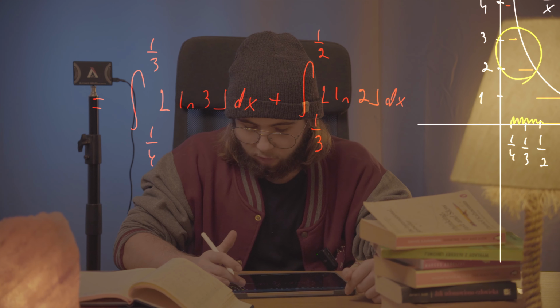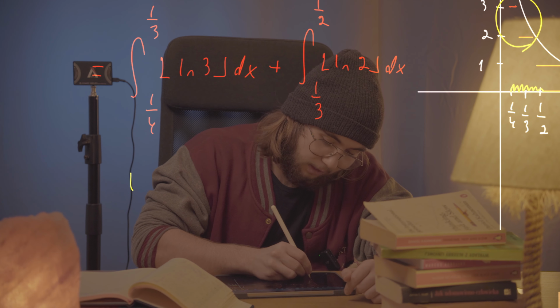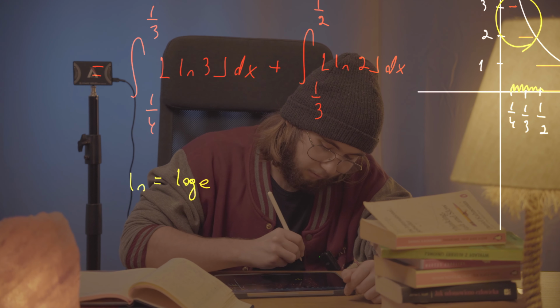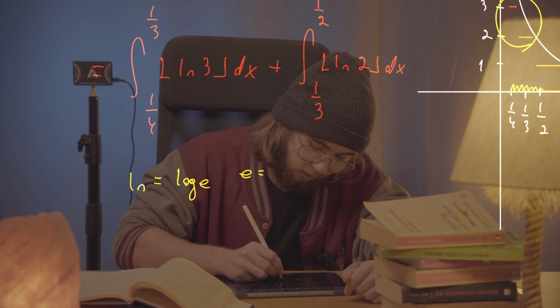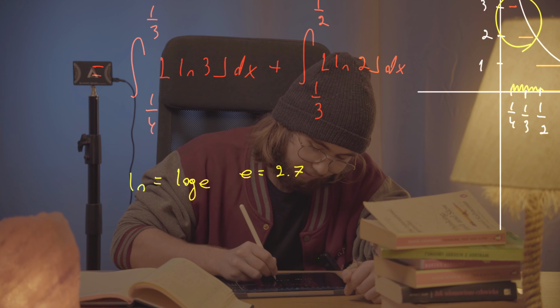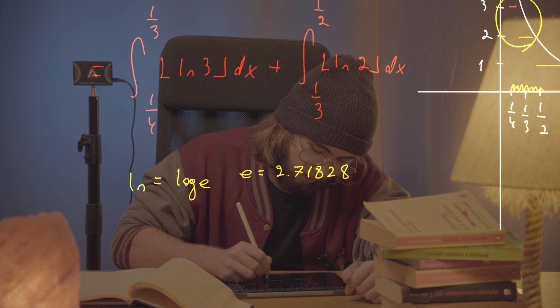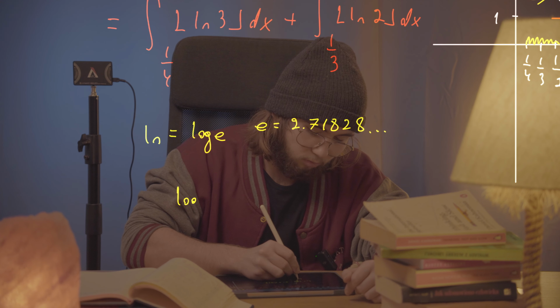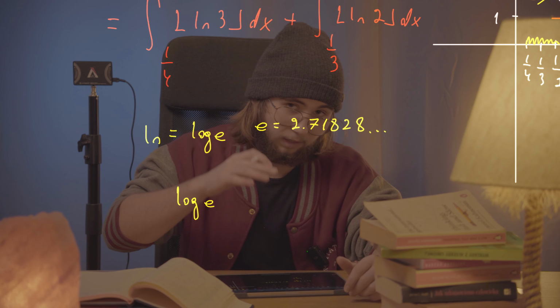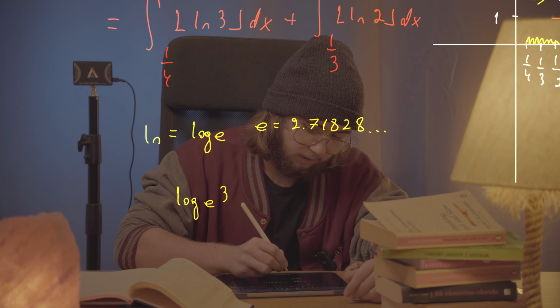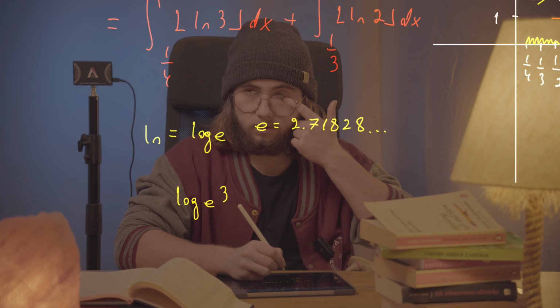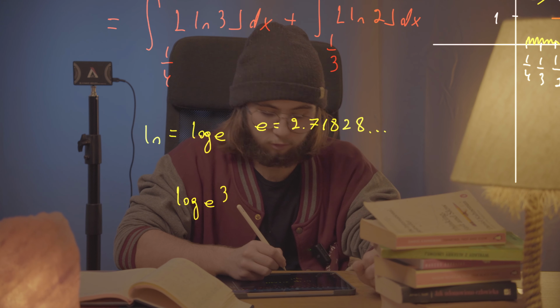Well, first of all, we should note that the natural log is just the same as the logarithm with the base of e, where e is Euler's number, like 2.71828, stuff like this, yeah? And so if we're taking the logarithm base e, which is less than 3, of 3, well, this thing is surely going to be greater than 1, but it's probably not going to be greater than 2.